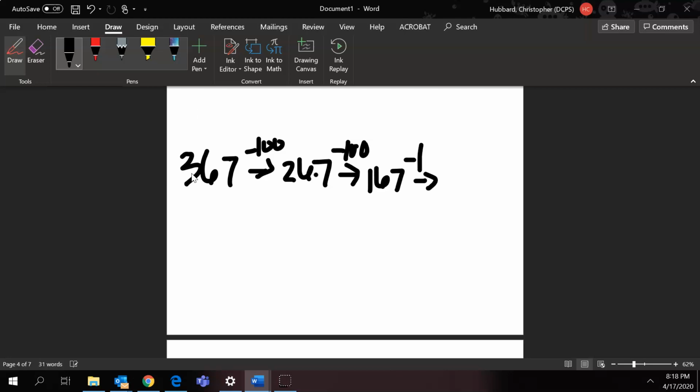Good. Minus 10? 157. Good. Minus 10? 147. Awesome job. So we're going to be more in the module using the arrow way as a simplifying strategy so that we're able to add and subtract numbers that have tens and hundreds in them.